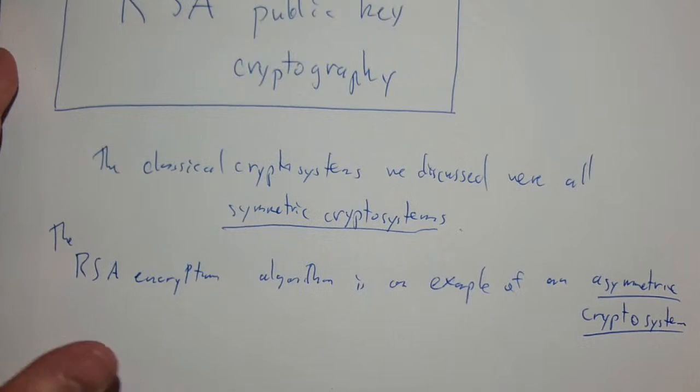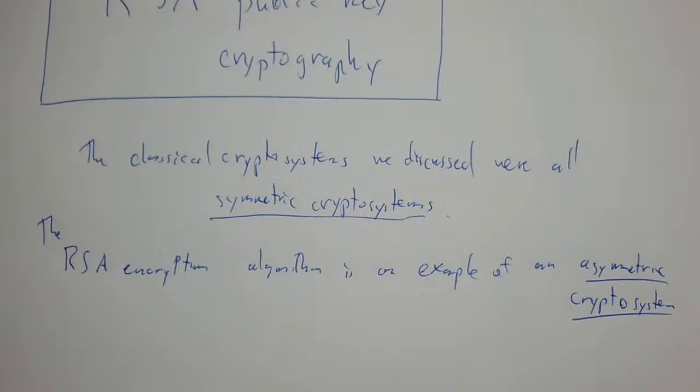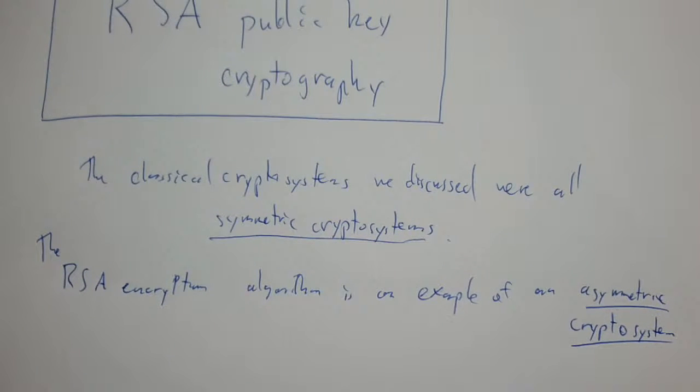Okay. So in particular, not only is it asymmetric, meaning that the info needed to both encrypt and decrypt, they're different, right? So the info needed to encrypt is different from the info needed to decrypt, okay?